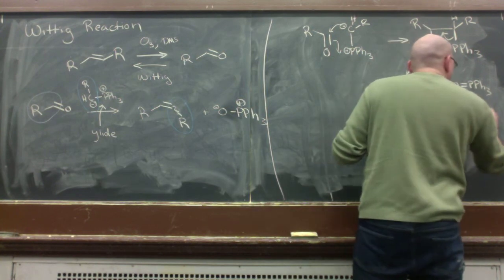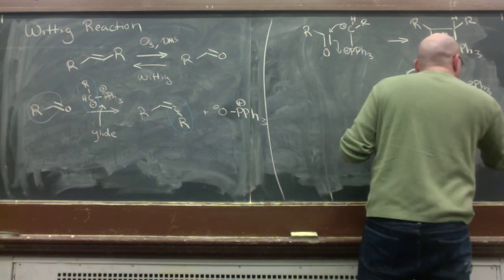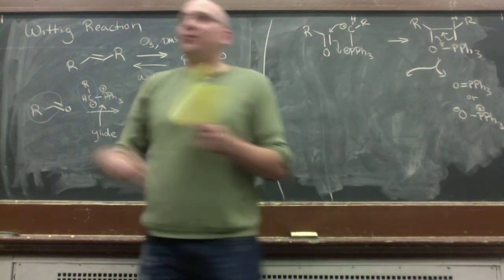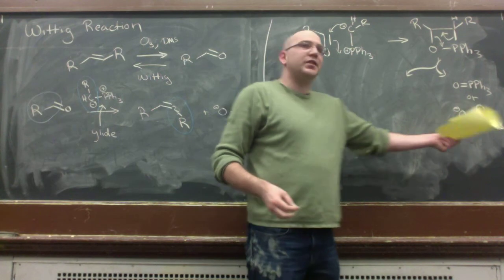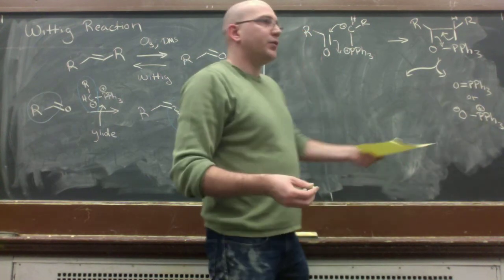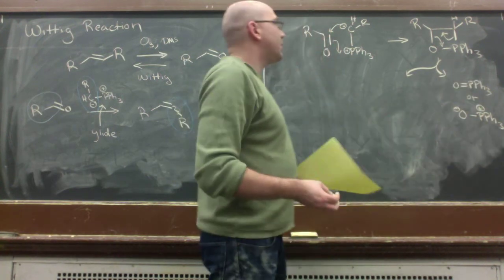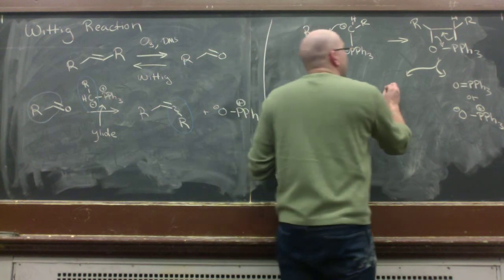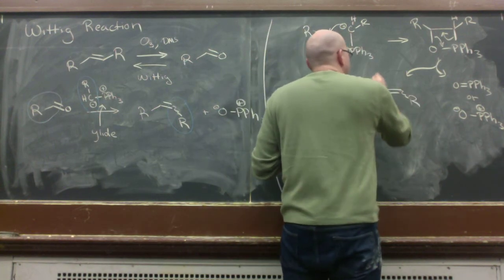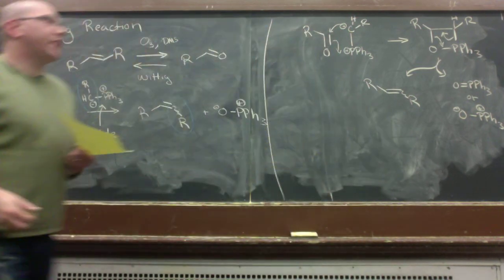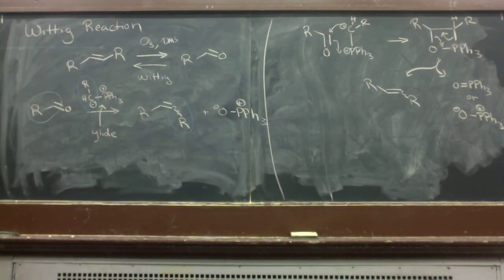Usually this is drawn this way. Again, it's the difference between the ylide and the double bond, so either one of those is fine. They're just resonance forms, although this one is the more accurate representation of it, but I'm not going to get upset if you draw that one. And then the product that you're going to get is the alkene. So it's a fairly quick reaction, just 2 steps.